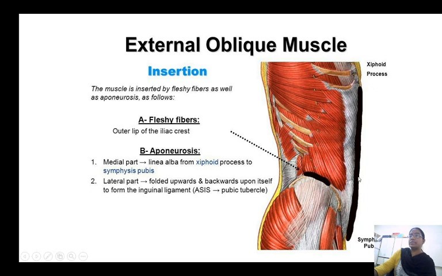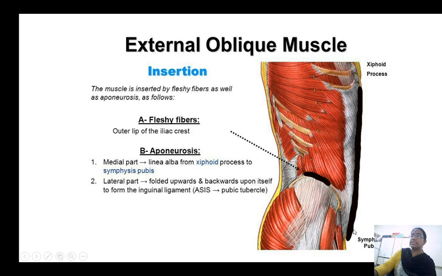The other fibers form an aponeurosis, getting inserted from the xiphoid process to the pubic tubercle along a line called linea alba.